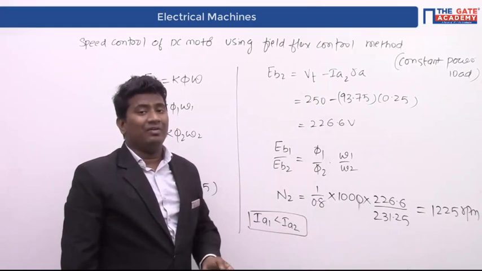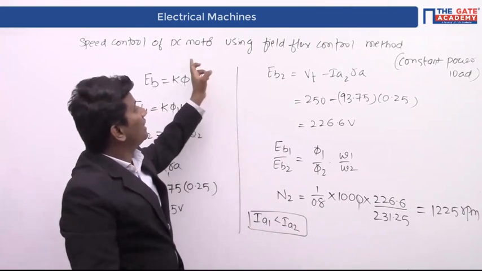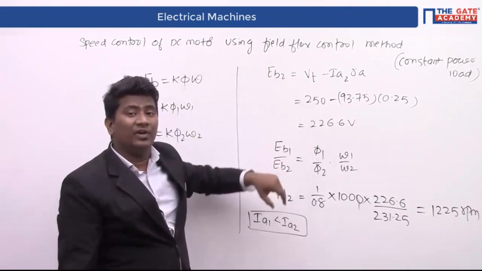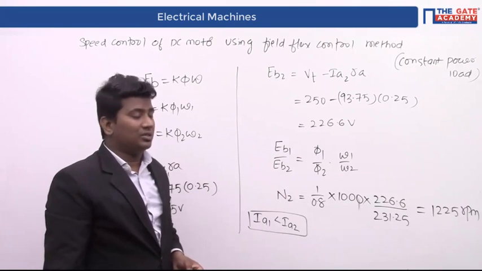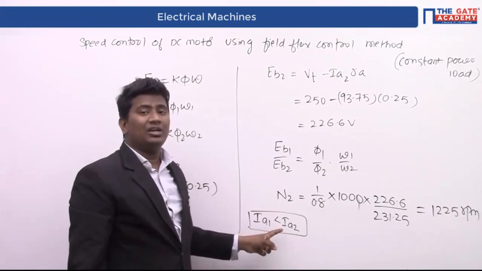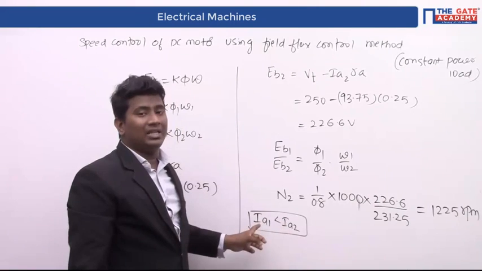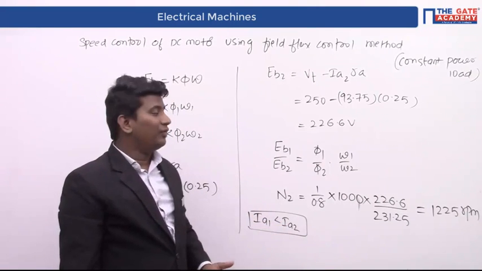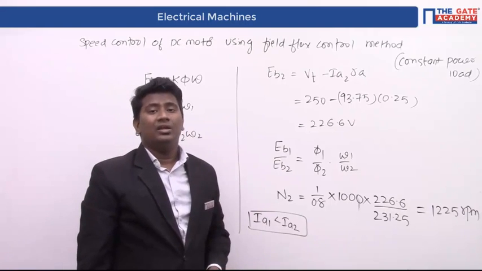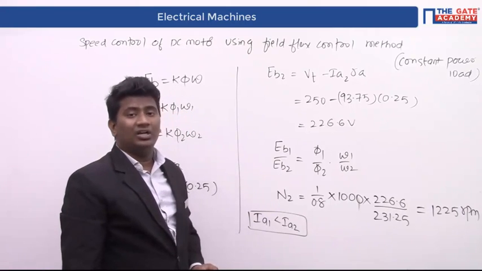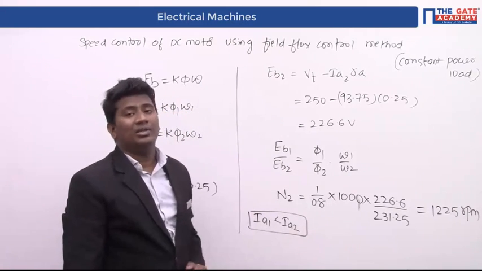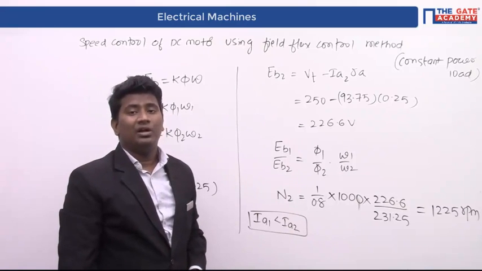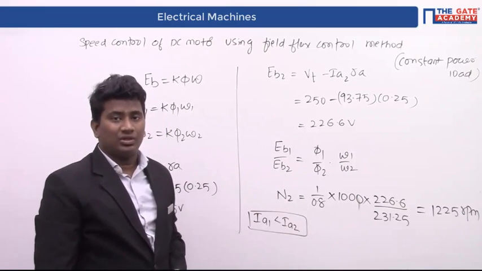But in the given question they have mentioned that the field flux control method is utilized for constant torque load applications. Therefore, the armature current drawn by the machine is more than the rated value. Hence, your machine winding may get damaged. So from this conclusion, we can say that your DC shunt motor with the field flux control method should not be applied for constant torque load applications.